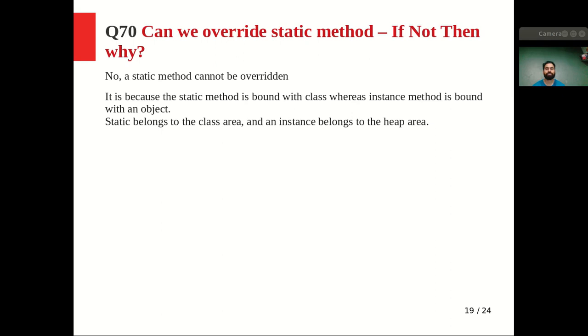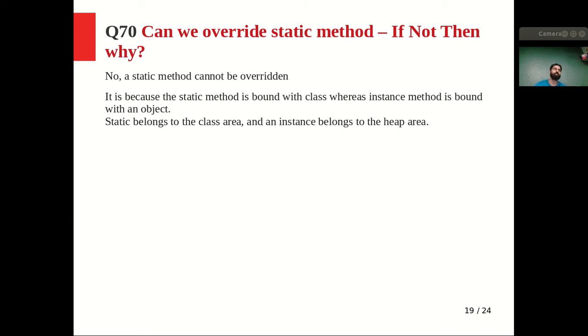So the next question you may get: can we override a static method? If not, then why? There can be an instance method in a parent class, and also there can be a static method in a parent class. So now the question comes, can we override a static method? No, a static method cannot be overridden, because once the static term comes, it means that it is related to a class, not to an object.